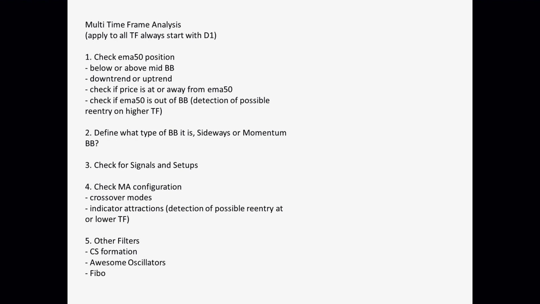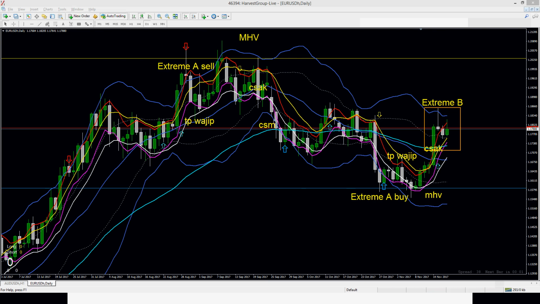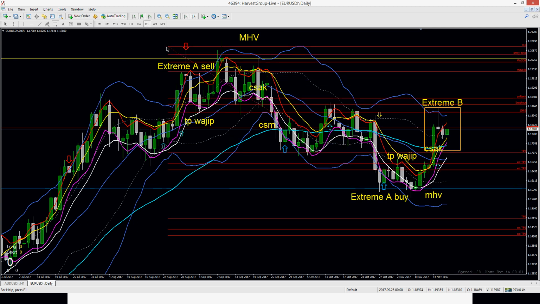Then it will depend on your other knowledge. Let's say you know candlestick formation, you know how to use awesome oscillators, or you use Fibo. You can use all of the other stuff that you know to help you decide what particular setup you're looking for.